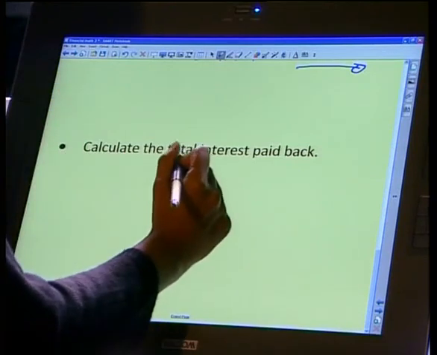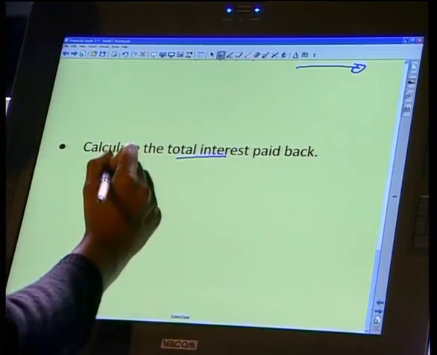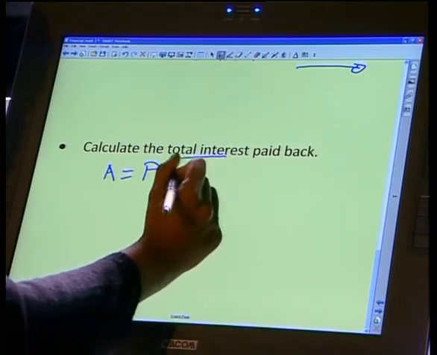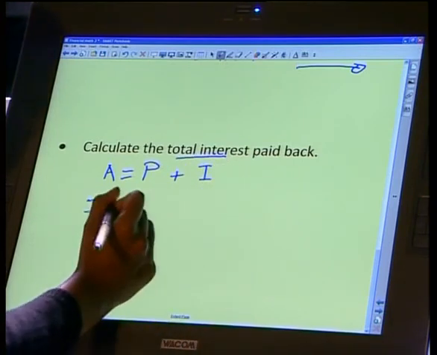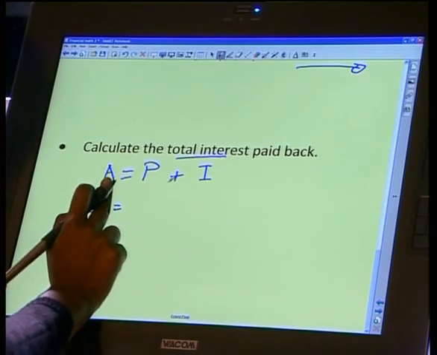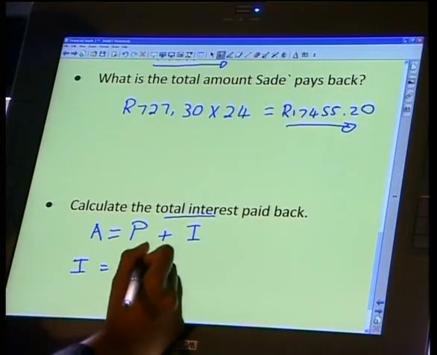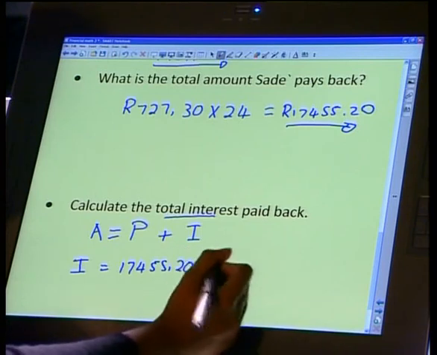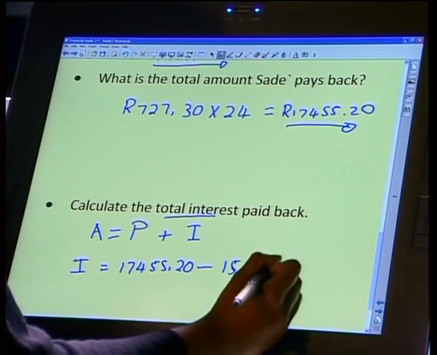Finally, we have to calculate the total interest that is paid back. Remember, once again, we're coming back to this. The final amount is always equal to the initial amount plus the interest. So if I want to work out the interest, I just need to take away the initial amount from the final amount. So she ends up paying in total 17,455 Rand and 20 cents, but she only had a debt to settle of 15,000 Rand.